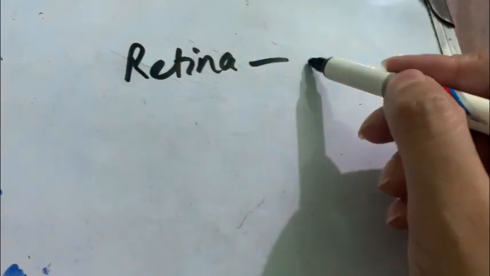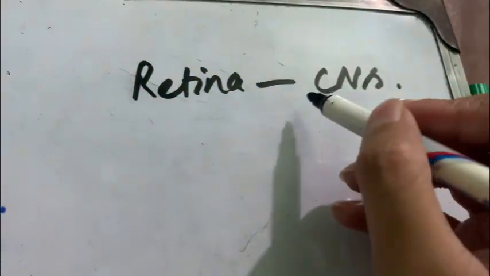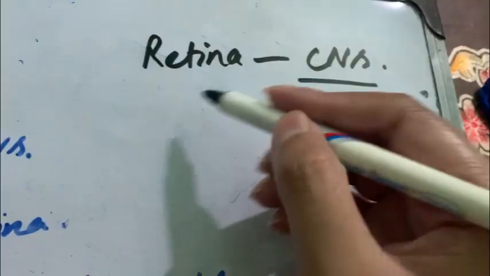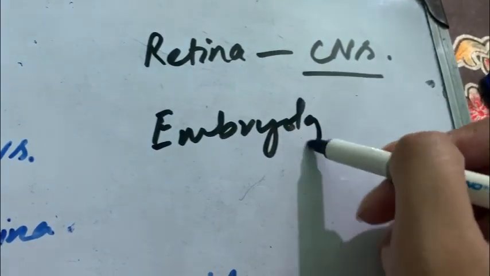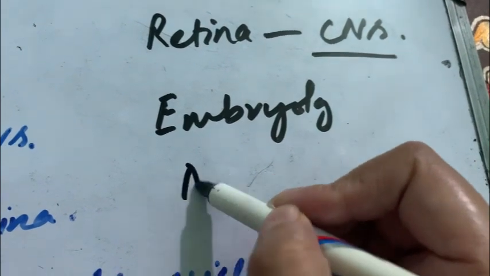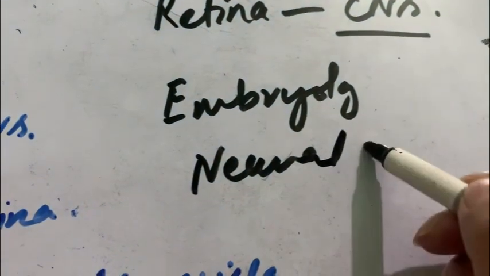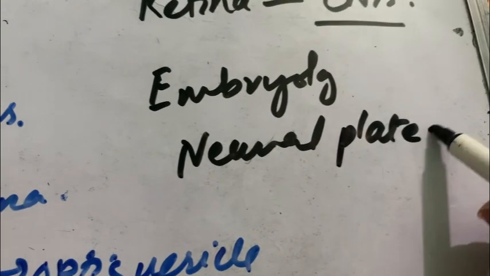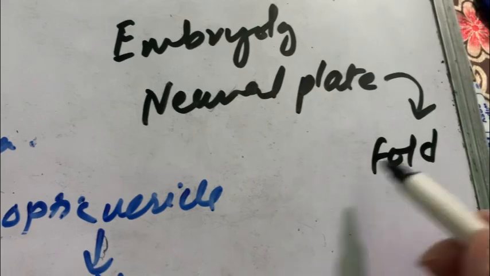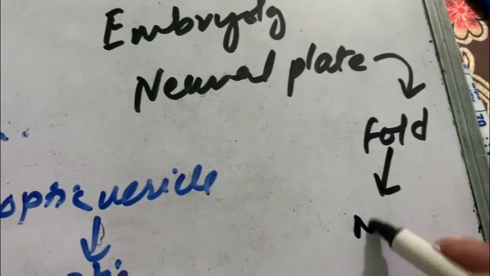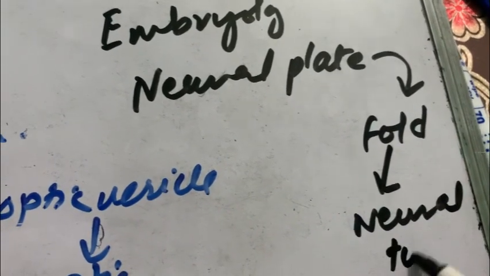So starting with the new concept, as we talked about, the retina is a part of the central nervous system. Here I am going to prove that. Basically, at the level of embryology, the neural plate starts growing and changes into the neural fold, and then the neural tube.